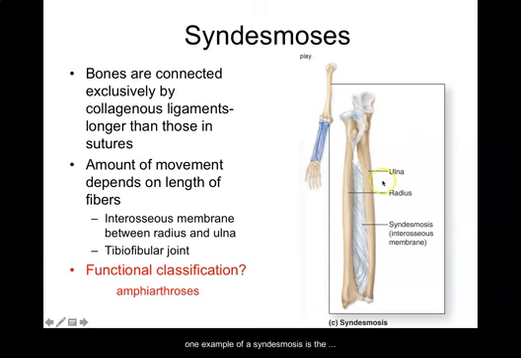One example of a syndesmosis is the interosseous membrane between your radius and your ulna of your forearm or antebrachial region. Now, your elbow is a freely movable joint and your wrist is a freely movable joint, but these 2 bones can rotate around one another. And that rotation, that slight movement that's allowed between the bones can be experienced.